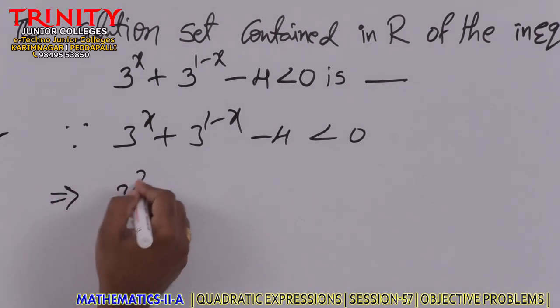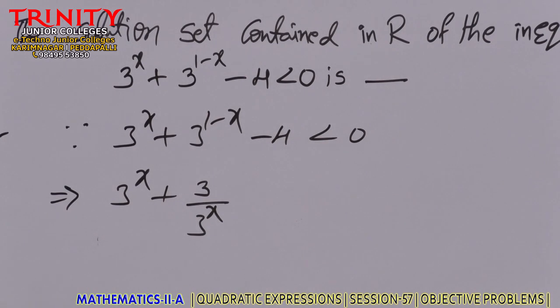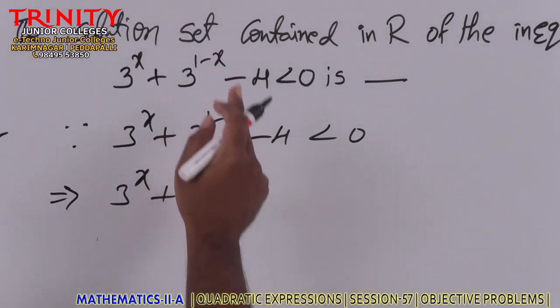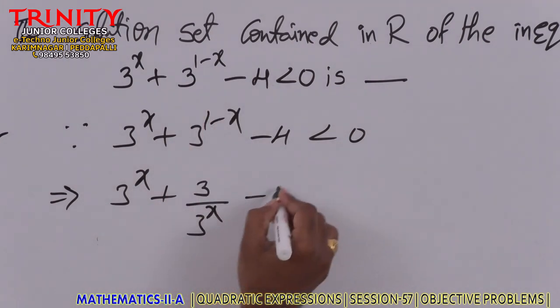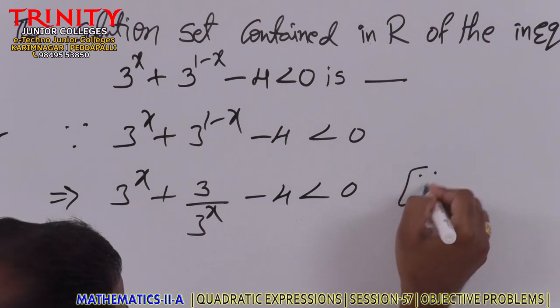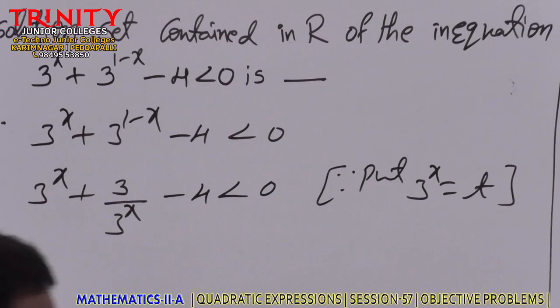Can we write this one as 3 power x plus 3 by 3 power x or not? 3 power 1 minus x is 3 by 3 power x. That's why 3 power minus x we are writing as 1 by 3 power x, minus 4 is less than 0. Let us take 3 power x is equal to t.